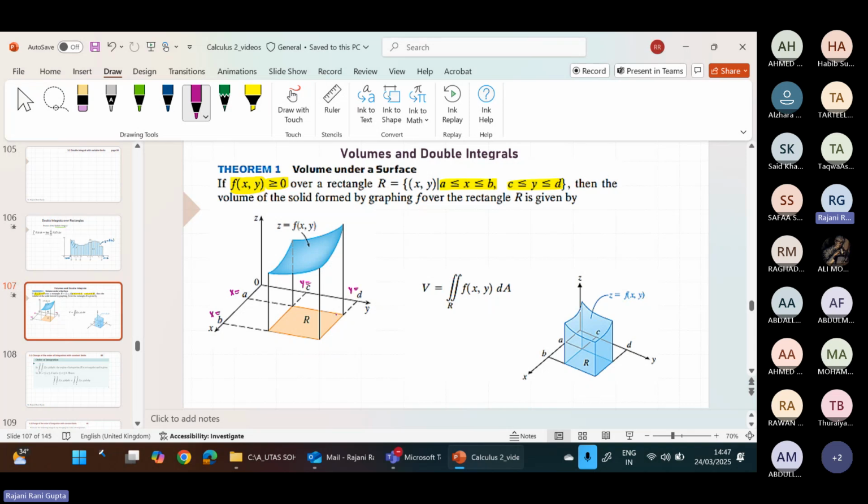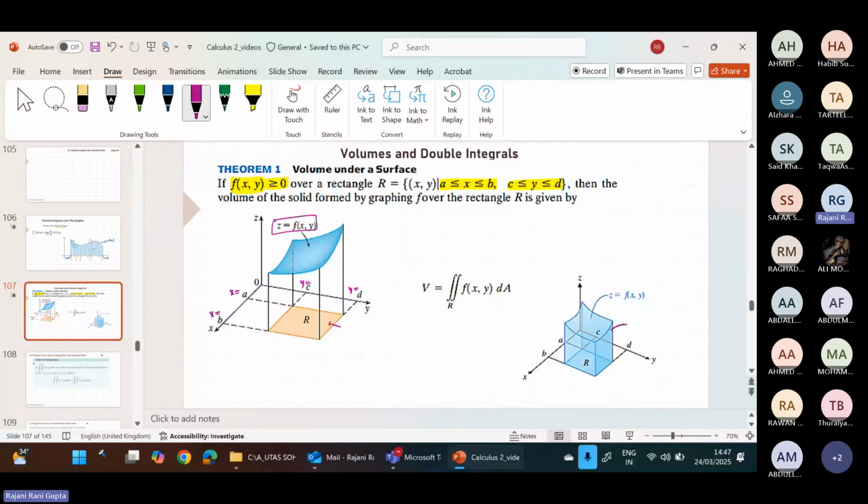This forms the rectangle R. By evaluating the double integral of f(x,y) over the region R, we are finding this volume. z equals f(x,y) is the surface.